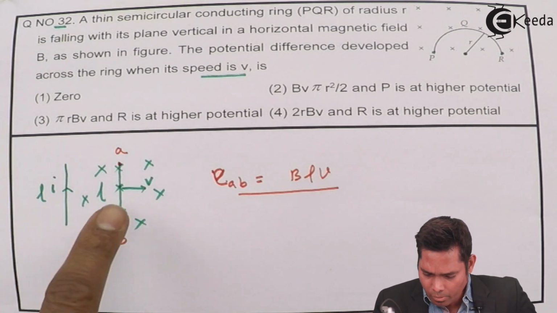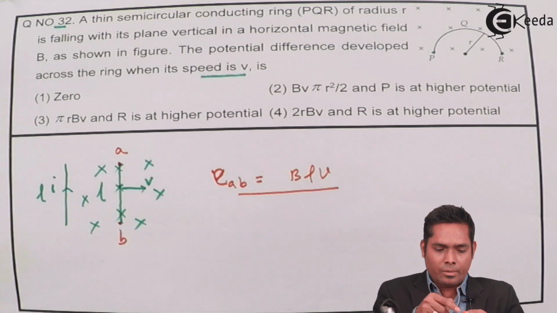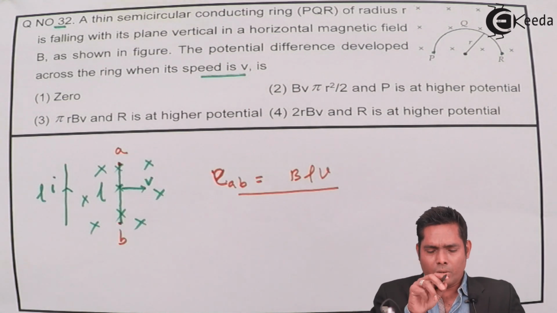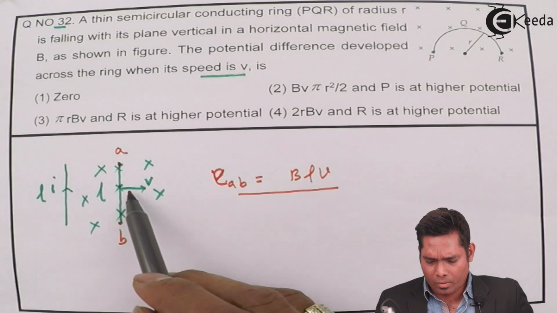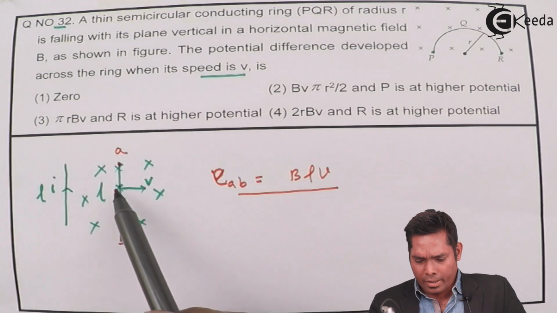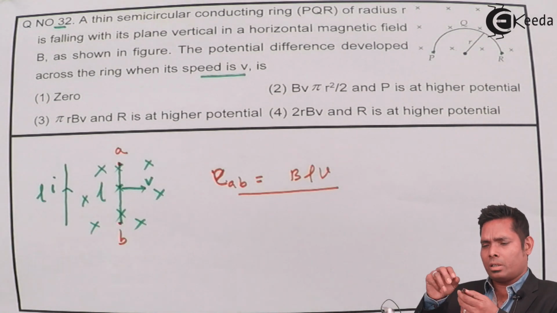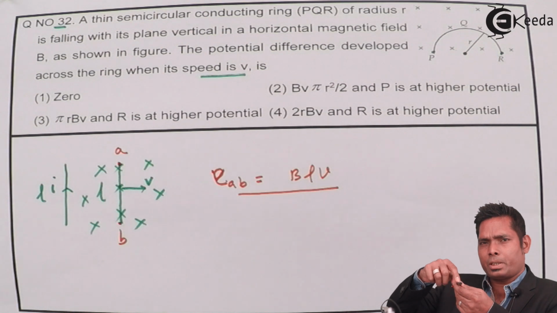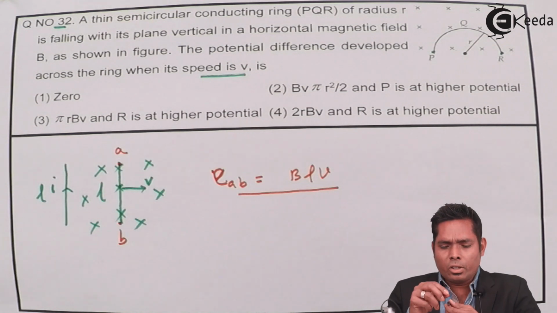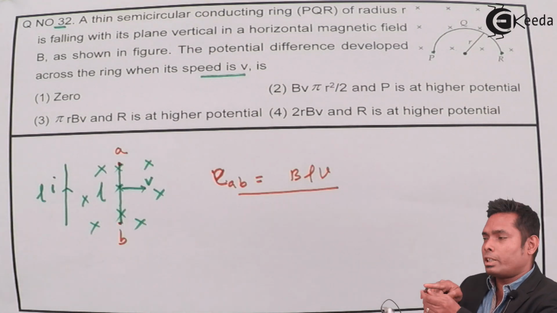This is the direction of the motion of the conductor. If I move the conductor in this direction, consider the force acting on the charged particles present, particularly electrons. Protons are obviously not moving, but the electron moves with the conductor in that direction.